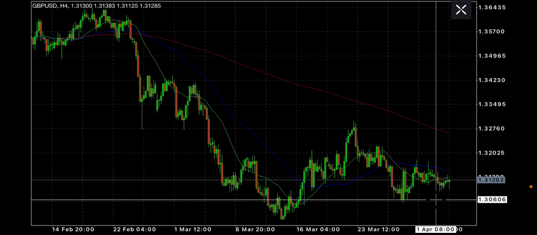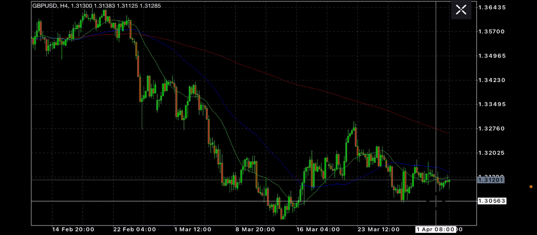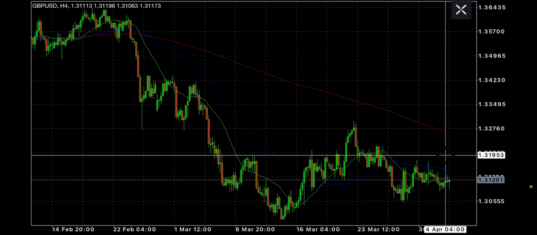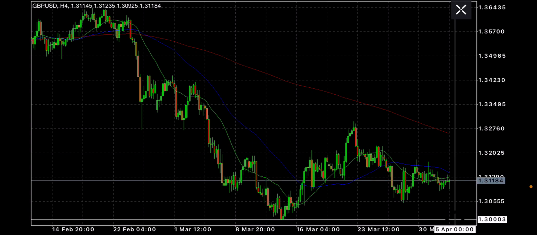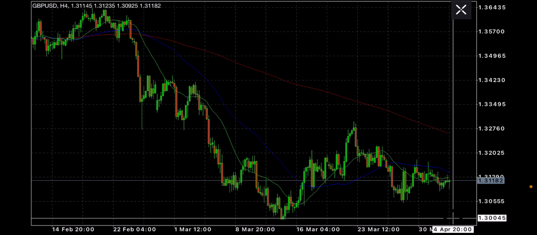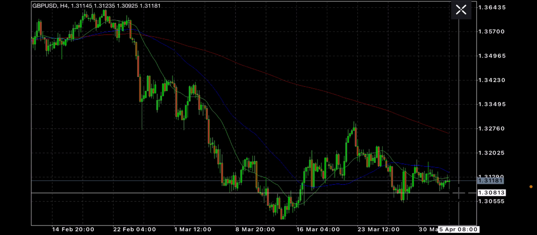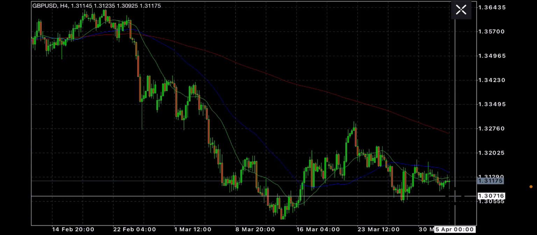Okay, so for right now, it looks like we could be ranging between here and here. We'll probably have a slight break to this area here before we immediately go back into the range, or we could have a slight breakdown to this short area here before we immediately go back into the range.